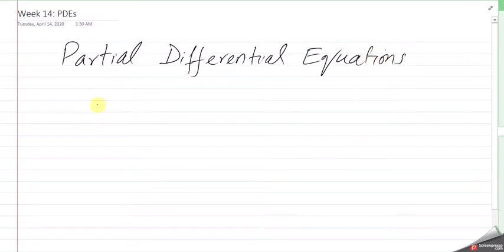Throughout this course, we have been studying ordinary differential equations. For example, ODEs are the ones with the total derivative. So dy/dx plus sine of x times y equals x squared.